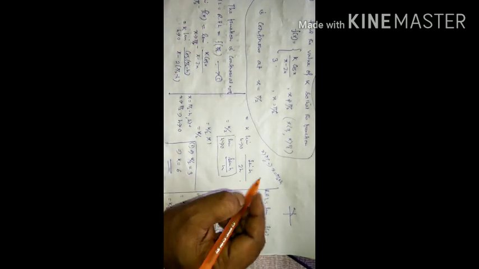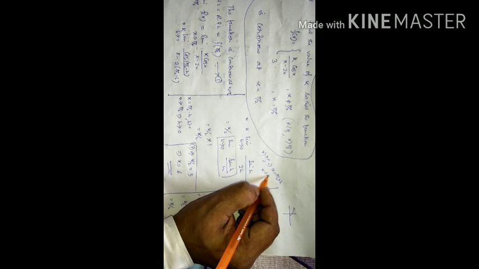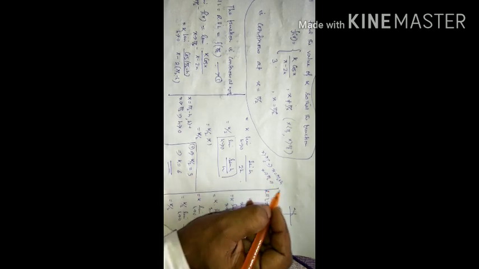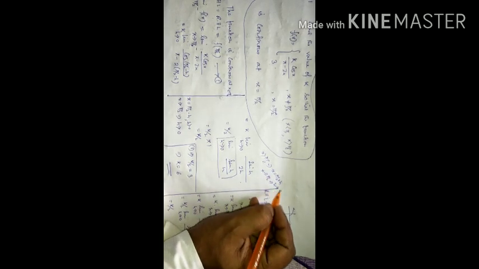So x tends to pi by 2 implies h tends to 0, and x is equal to pi by 2 plus h.